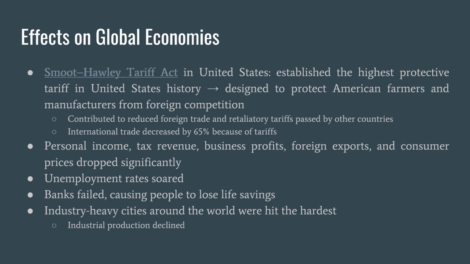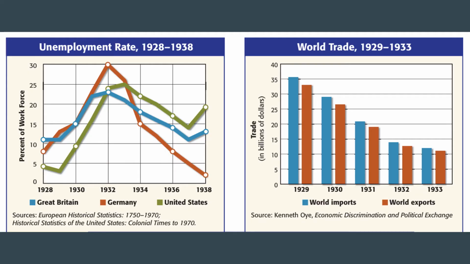Banks are failing, meaning people are losing their life savings. And then industry-heavy cities around the world are sort of hit the hardest because we are going to see industrial production decline. So the Great Depression has a tremendous impact around the world, and people really struggle to survive this economic depression.